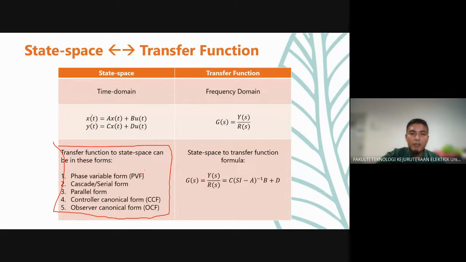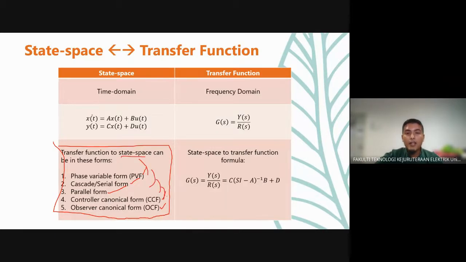Firstly, phase variable form, and then cascade or serial form, next parallel form, controller canonical form, so CCF, and finally observer canonical form, or OCF. All right. So today I will explain how to convert the state space to these 5 different forms.